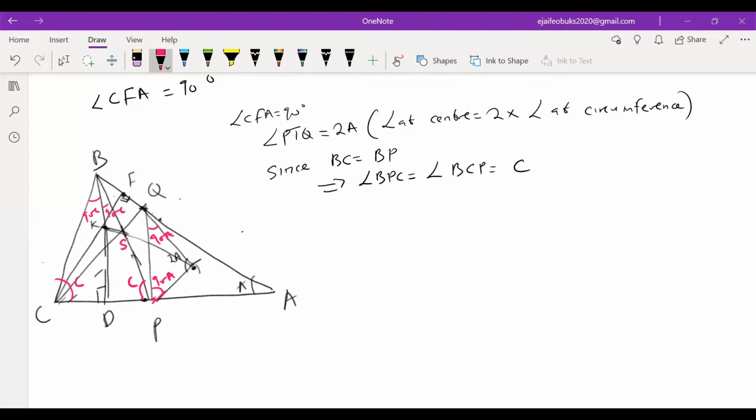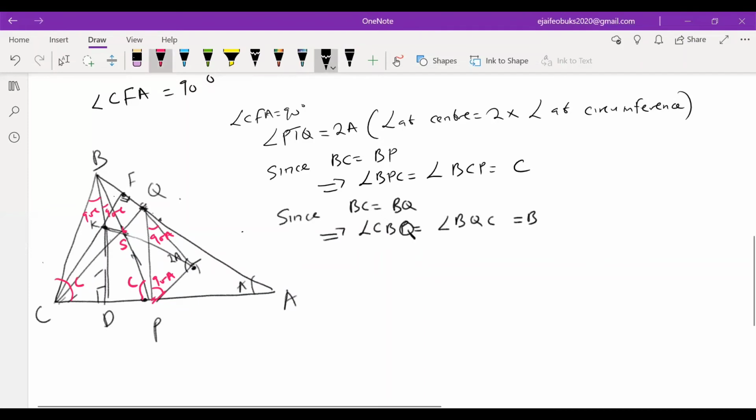Forgot to label S. This is point S. Then we also know that since BC is equal to BQ, then angle CBQ is equal to angle BQC, which is equal to B, because base angles of an isosceles triangle are equal.